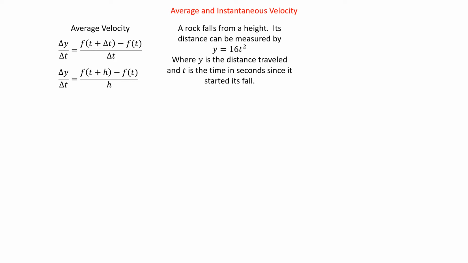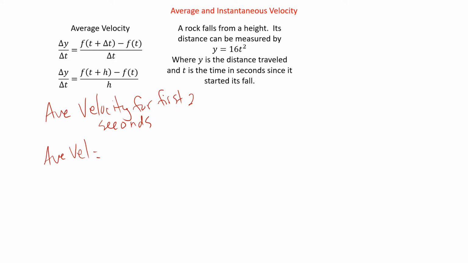So if we wanted to find the average velocity for the first, say, 2 seconds, what we would do is we have the final distance, that would be f of 2 minus f of 0, because that's where we'd start at 0, go to 2, over change in time was 2.